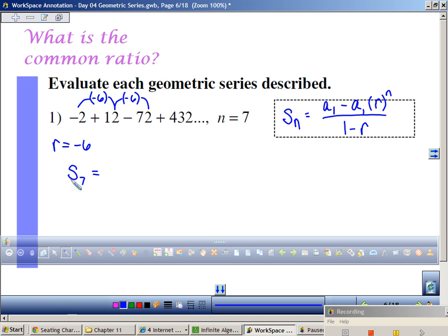So if I want to find the series for 7 terms, I would put in a sub 1, which is -2 minus, what's a sub 1 again? -2, and my r? -6, holy cow, to n, which is 7, all over 1 minus -6.